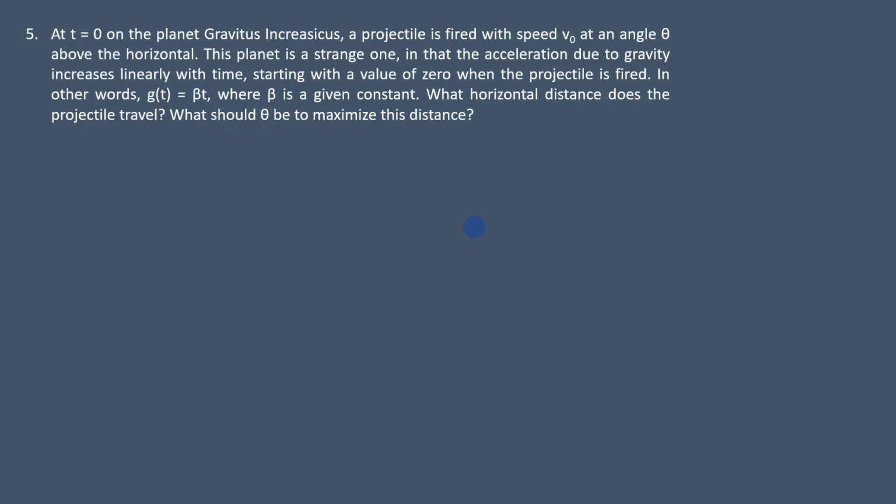Okay, we can solve this problem by some integral or derivative process. First we can analyze the height as a function of t. g as a function of t equals y double dot equals minus beta times t. Okay, this is the acceleration.